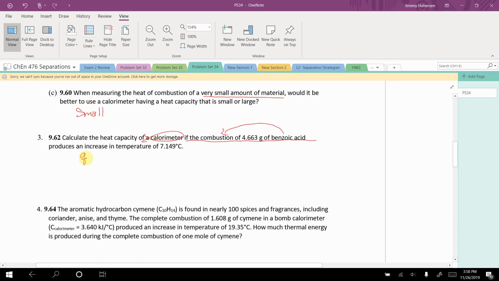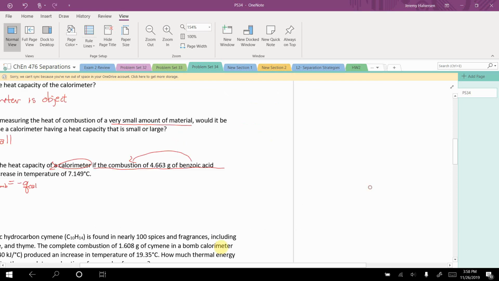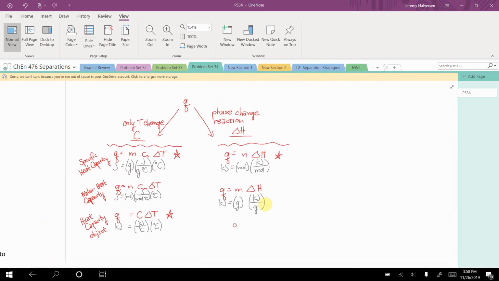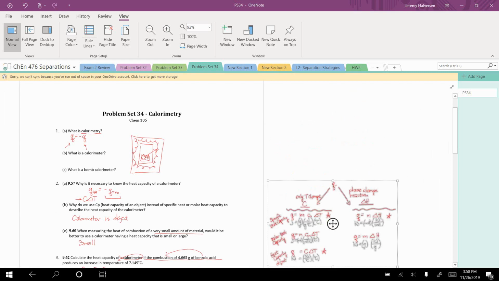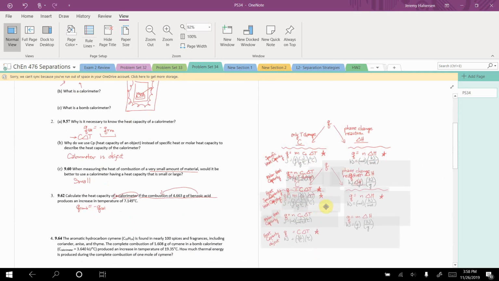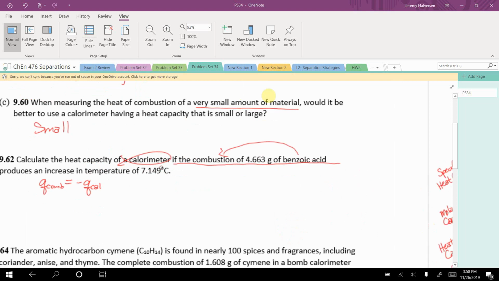So we know that we're going to have the Q of our reaction. I'm going to say combustion. That's what's happening to the benzoic acid. And that's going to be negative Q of the calorimeter. Well, if we're combusting benzoic acid, which category does it fall into? Is it a temperature change or is it a phase change / reaction? Well, we're combusting it, so that's going to be a phase change / reaction.